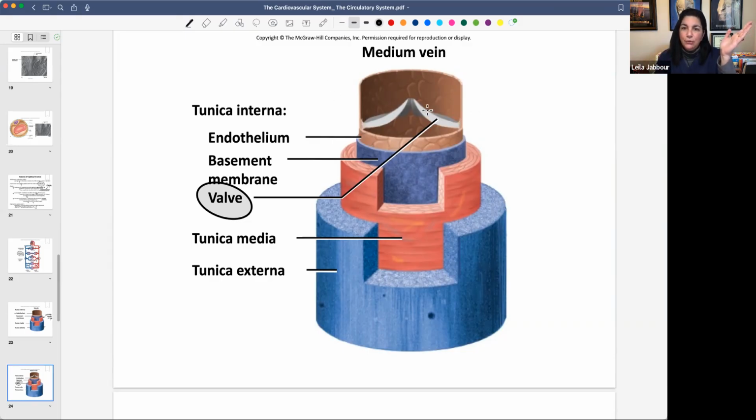These valves are going to open like this. And when do they open like this? When the blood flows through them. So when the blood flows through, it pushes these valves to open sideways. And then when the pressure drops back down, the blood pulls backwards and plops into these cups and helps shut the valves back together.